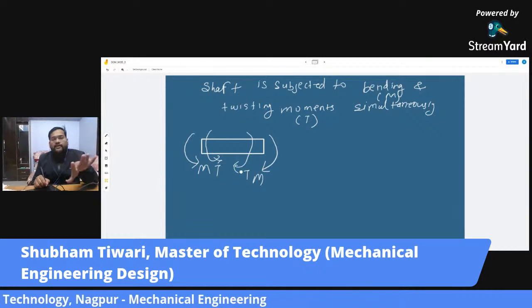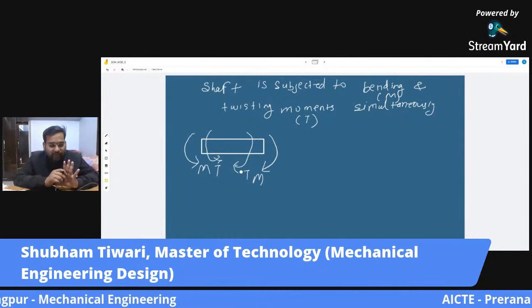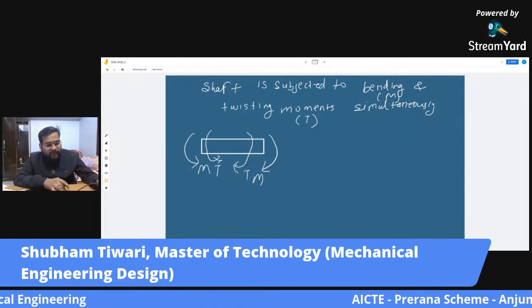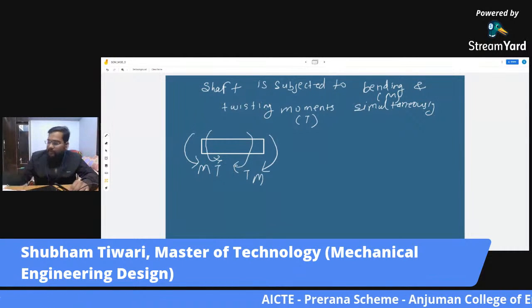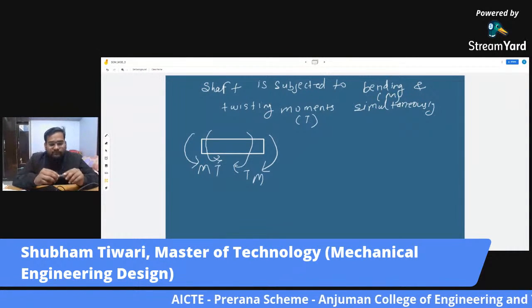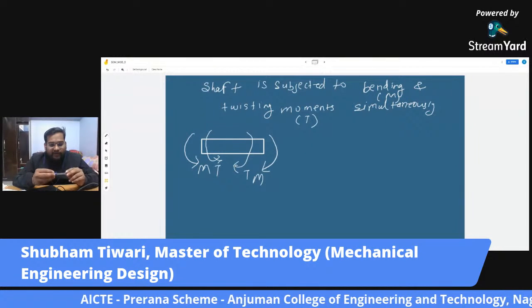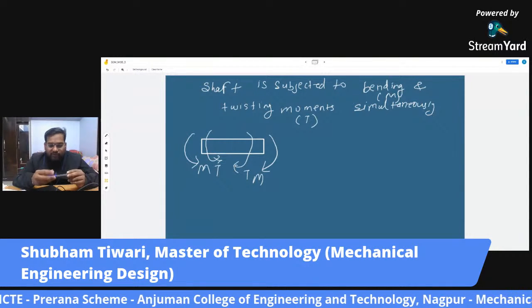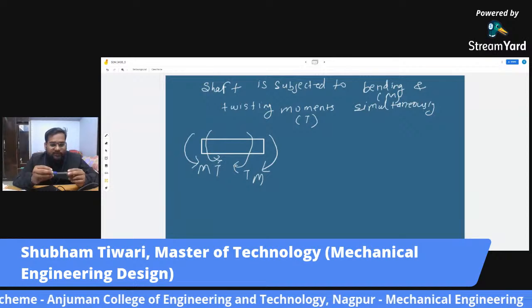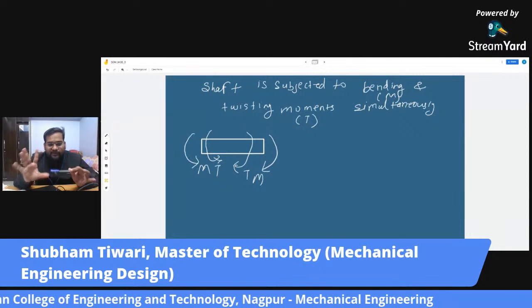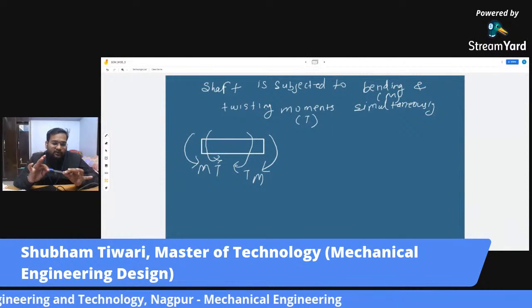If a shaft has to be designed for bending moment as well as twisting moment. See, the main task of the shaft is to rotate. Whenever it is coupled to a motor, the motor will transmit the torque to this shaft. So we have to definitely design it for torque.